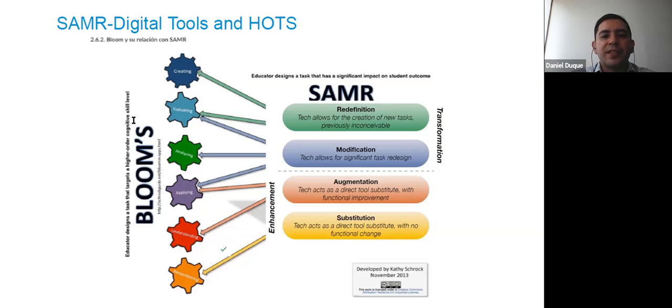Only substituting tablets for pens and paper or textbooks may not be as effective as we might hope. Substitution or augmentation alone may not be as beneficial to learning as modification and redefinition. We need to focus on the top two. As teachers, we can consider how HOTS can be combined with digital tools to really maximize both learning and assessment.